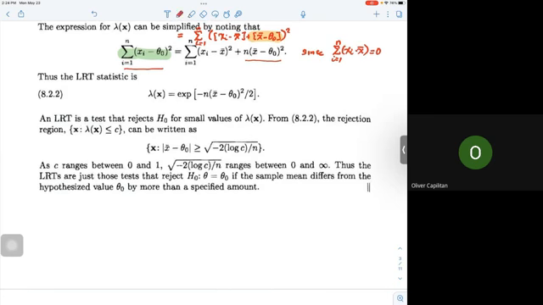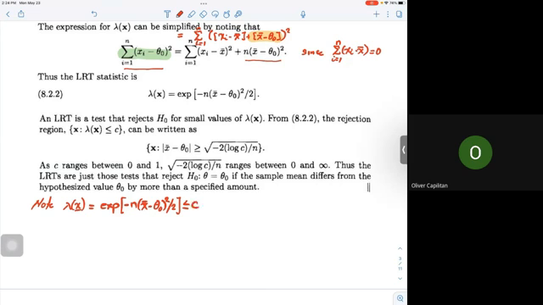Okay, we can have these notes. Ganito man yun. Kung gusto natin i-determine ang ating rejection region, it should be less than or equal to c. But this lambda of x is equal to the exponential of negative n times the quantity x bar minus theta sub 0, squared, over 2, and this is less than or equal to c.